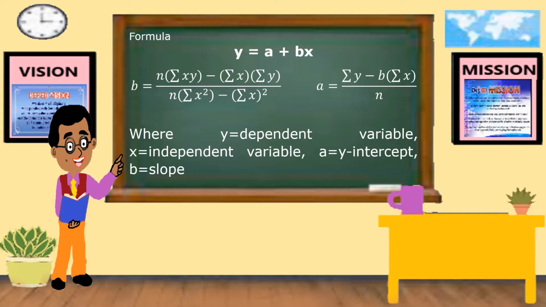To get the value of the slope, our b is equal to n times the summation of the product of xy minus the product of summation of x and summation of y, all over n times the summation of the x squared minus the square of the summation of x, wherein our a is equal to the summation of y minus b multiplied to the summation of x, all over n. So where y is the dependent variable and x is the independent variable. Our a is y-intercept and b is slope.